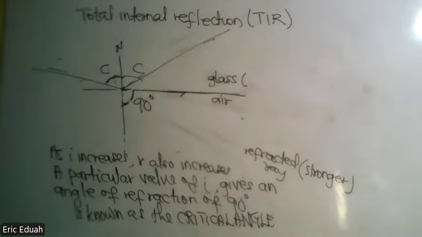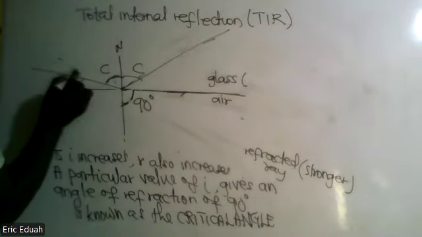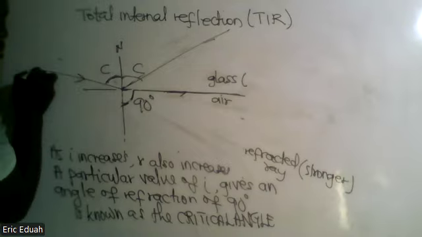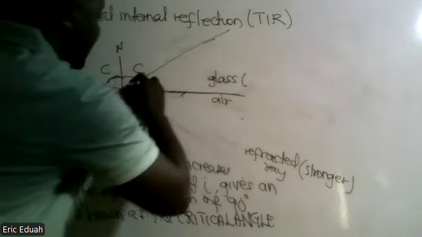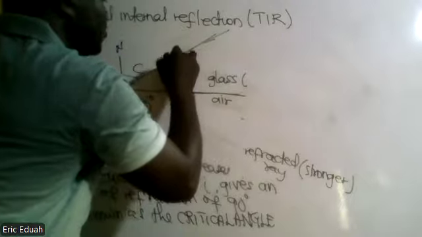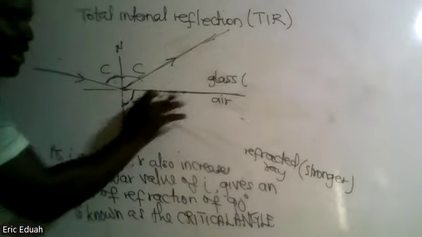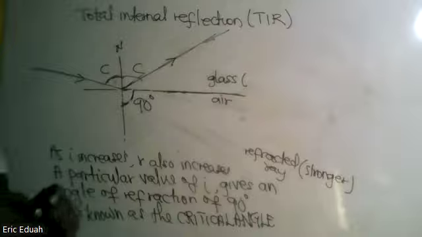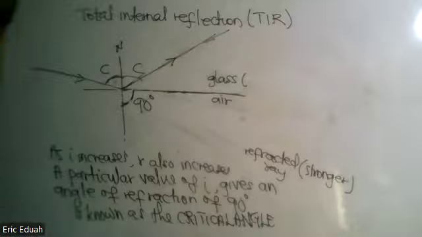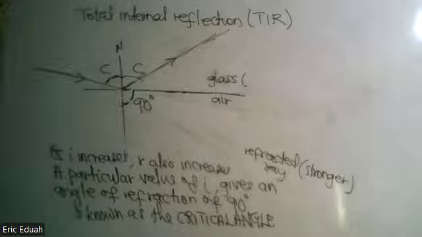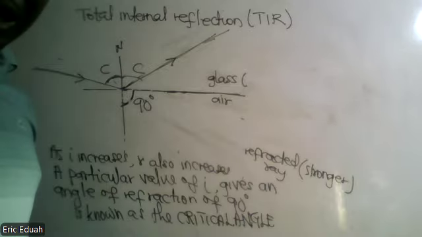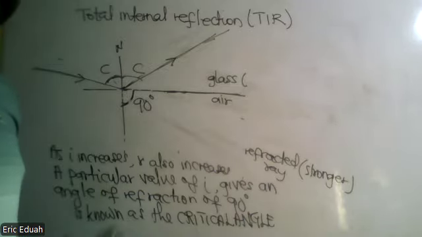There wouldn't be refraction, but every incident light would be reflected. This is what we call total internal reflection.